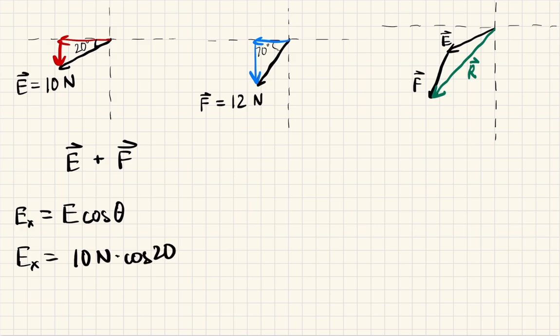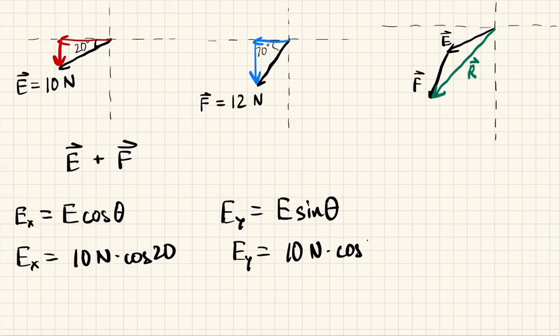For the y component, it's going to be the magnitude of vector E multiplied by sine of the angle between the x-axis and the vector. So the y component's magnitude will be 10 newtons times sine 20. When I plug that into the calculator, I get the x component's magnitude to be approximately 9.397 and the y component's magnitude to be 3.420.